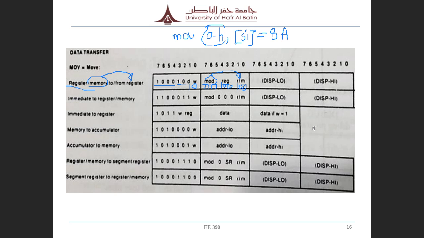00100100. So as a nibble, the first nibble becomes 0010. So 0010 is 2, and then 0100, so it is 4. So 8A24H. Is it clear? 8A24H.